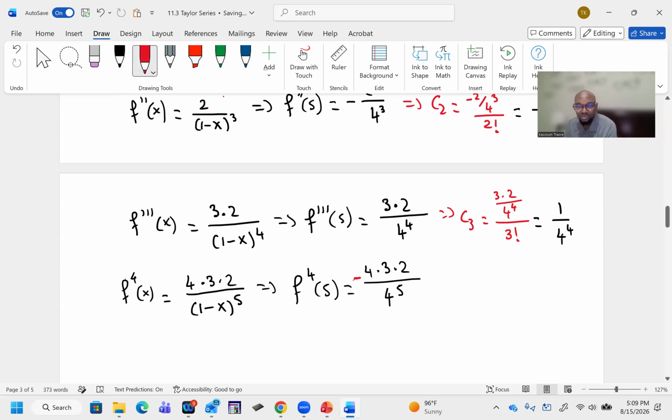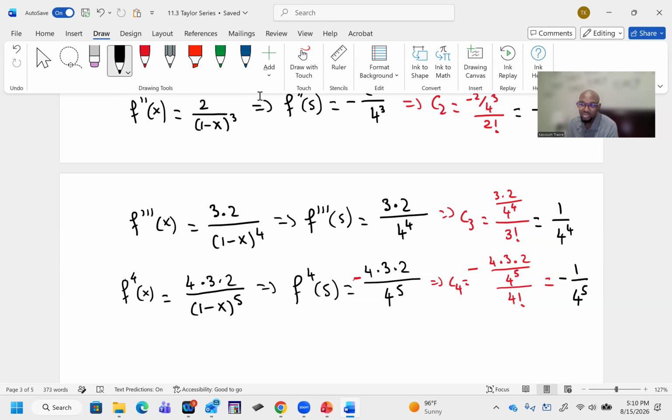And then from there, we will see our C4 will be negative 4 times 3 times 2 divided by 4 to the power of 5 over 4 factorial, which will be negative 1 divided by 4 to the power of 5. So did you follow this pattern?